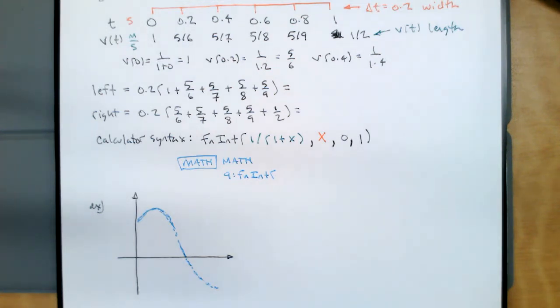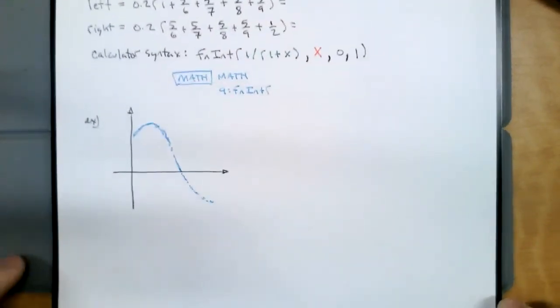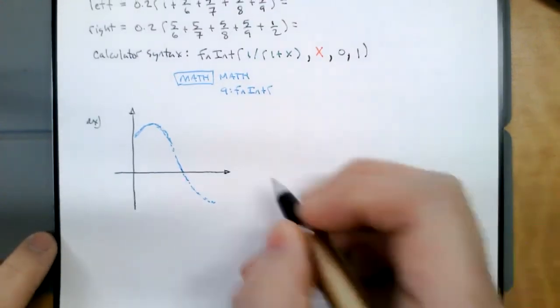So what we want to do, here we have the velocity during a trip starting from home. Positive velocities take you away from home, and negative velocities take you toward home. So this is a function that's telling us velocity.